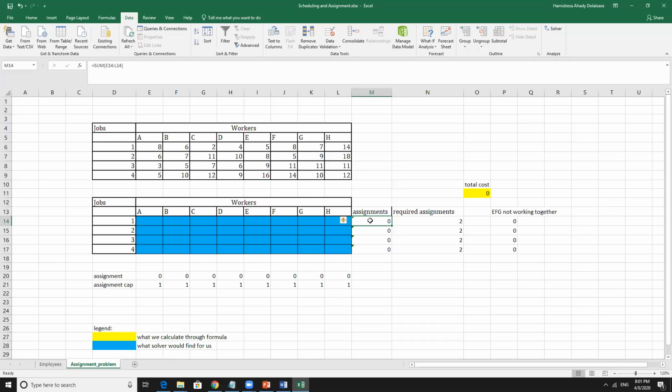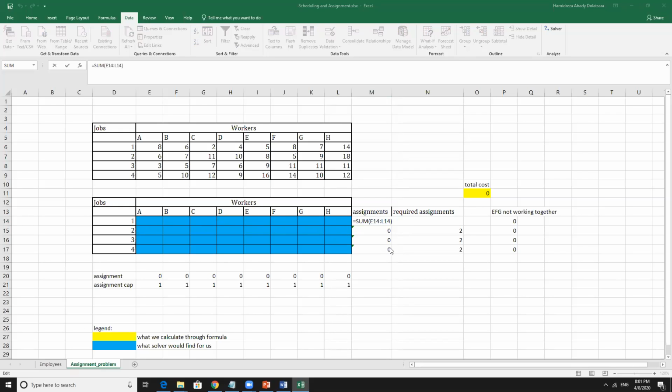So the assignment column is 0 here because it's a formula. I'm just taking the summation of everything that I have in the row. What does it mean? I know for job 1, I may assign A, B, or C, D, E, F, whatever, and the other cells would be 0.